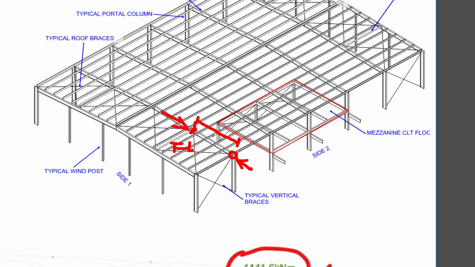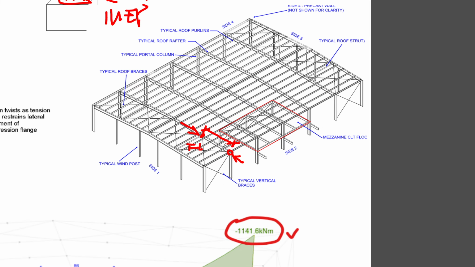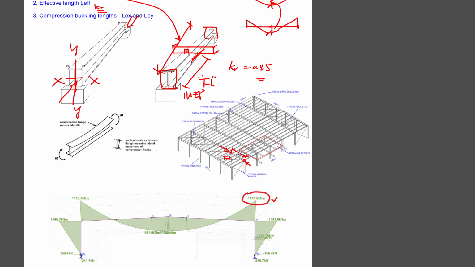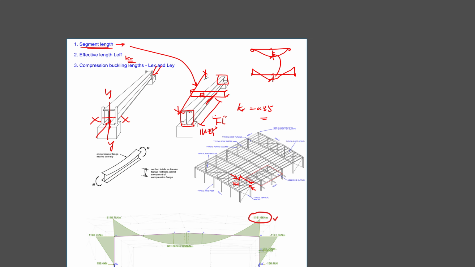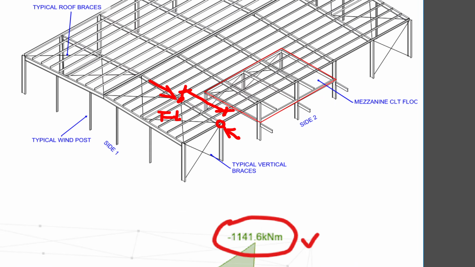So in this case, if we have a flat brace over here and we have an MEP connection here, this is our y direction, which is LEY. But this is actually the same thing as the bending axis. So in this case we can also use the KR factor, 0.85.